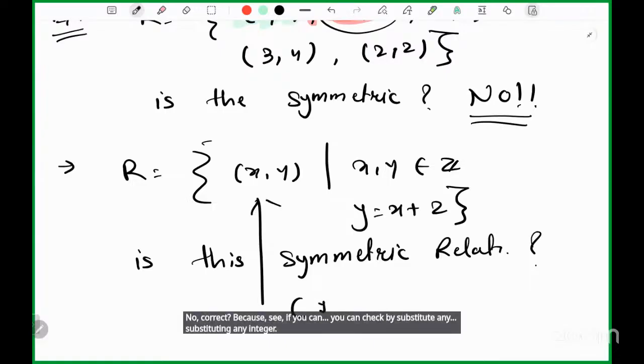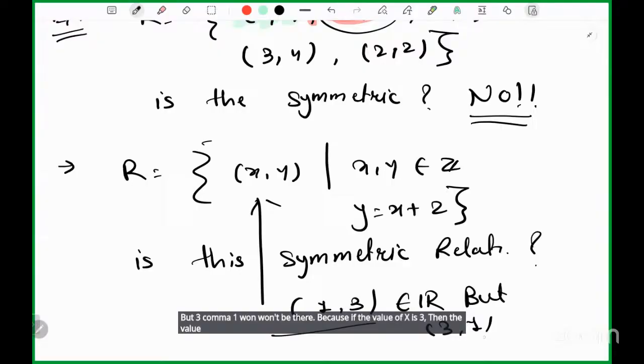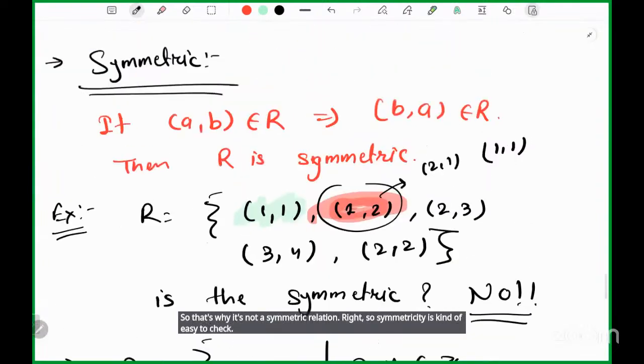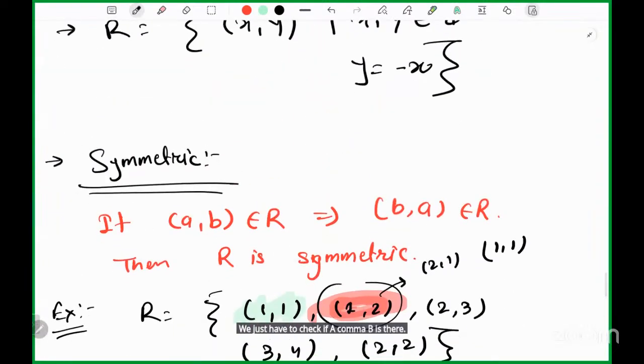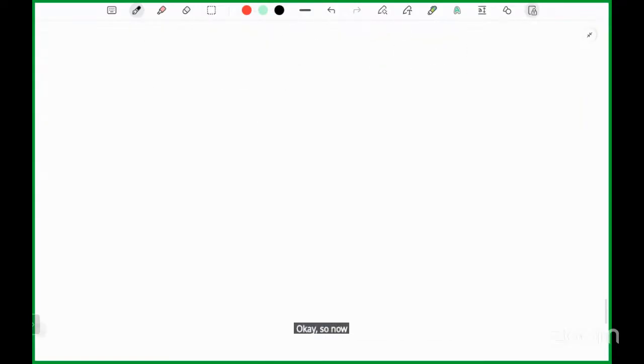If you substitute x equals 1, you will get y equals 3. So 1 comma 3 pair is there, but 3 comma 1 won't be there, because if the value of x is 3, then the value of y should be 3 plus 2, which is 5. So 3 comma 1 cannot be there. That's why it's not a symmetric relation. So symmetricity is kind of easy to check. We just have to check if a comma b is there, then b comma a should be there. That's all.